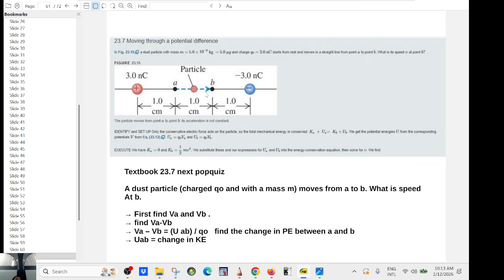So find the voltage at A first. You just add the potential from the 3 and the minus 3. Then you find the potential at B from 3 and minus 3. And then you do VA minus VB.